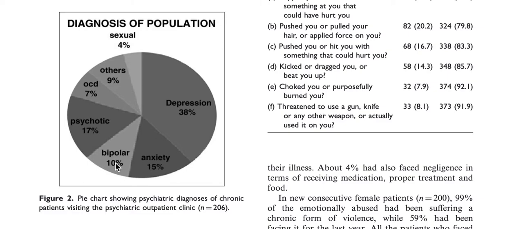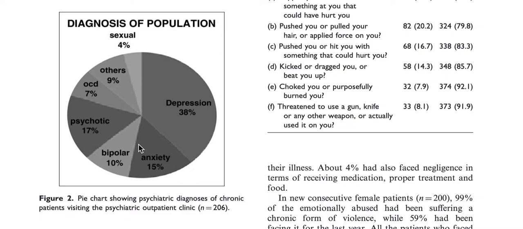We add 10 to that, that becomes 63. We add 17 to that. We have 80 all in all. And we're going to put 7% for OCD, 9% for others, and 4% for sexual, which will add up to 100. And we're going to look that there are 206 samples in this study.